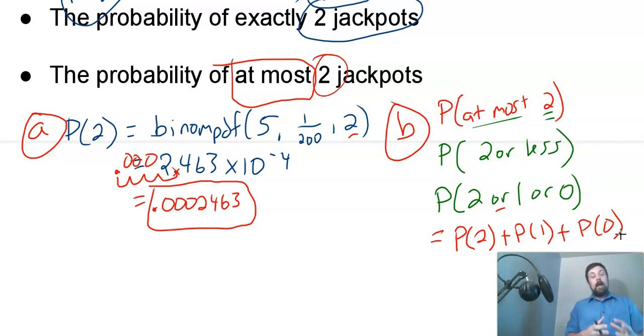Now, the addition rule has that extra term of minus the chance that they could happen at the same time. But with these binomial questions, those things can't happen at the same time. You can't play the slot machine 5 times and get both 2 and 1 jackpots at the same time in those 5 trials, right?